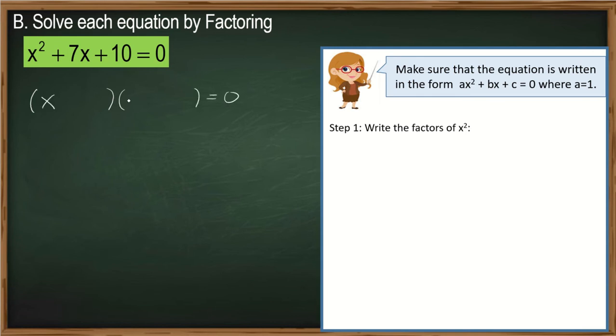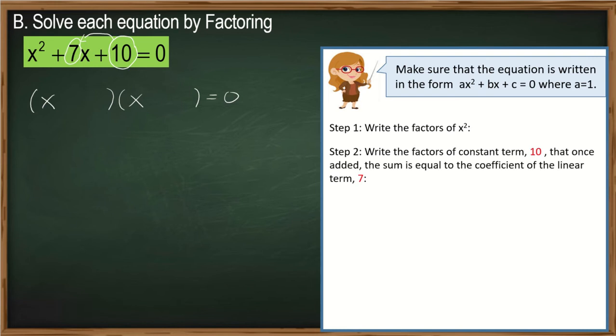Let me write it again. Okay. Positive 10, okay, think of factors of positive 10 when added, the sum is equal to positive 7. Okay? So, ano ang factors ng positive 10 na kapag i-add mo silang dalawa, ang sagot ay 7.